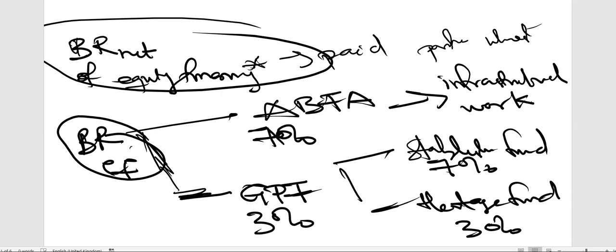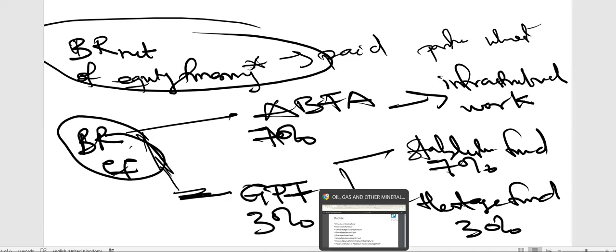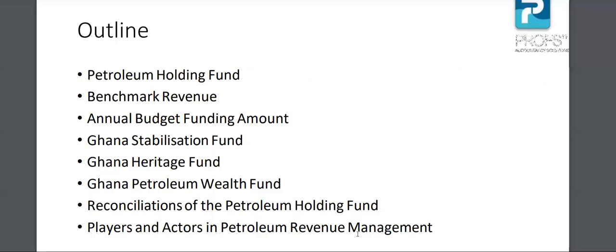But bear in mind that we have another fund. In case the oil and gas reserves of a particular field get depleted, that is where the Ghana Petroleum Wealth Fund comes to play.